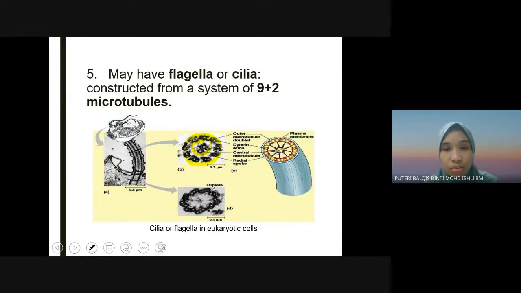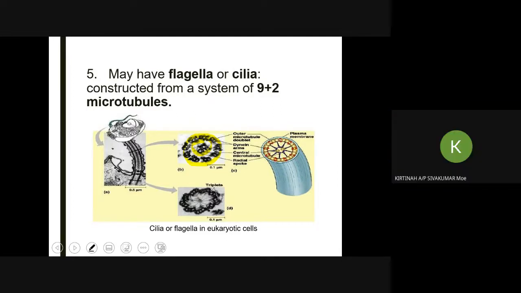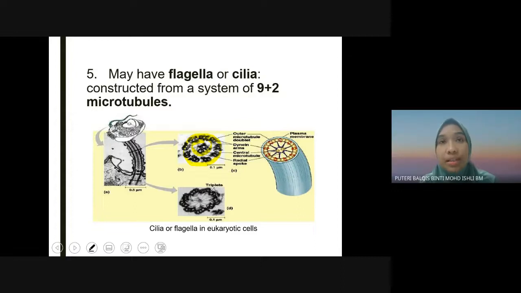Dia 9 plus 2 microtubule ni refer pada arrangement. Okay, alright. That is the arrangement for the complex flagella untuk eukaryotic cell. Kalau untuk prokaryotic cell, dia simple saja, dia tak arrange macam ni.